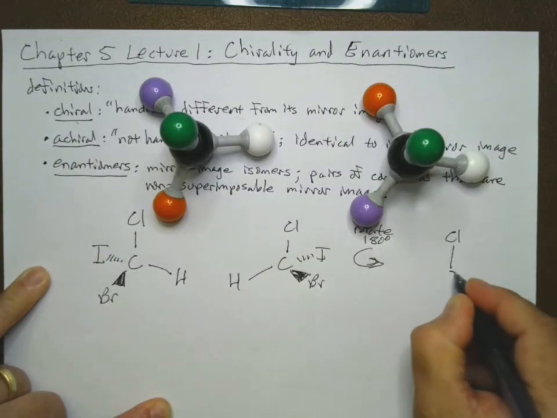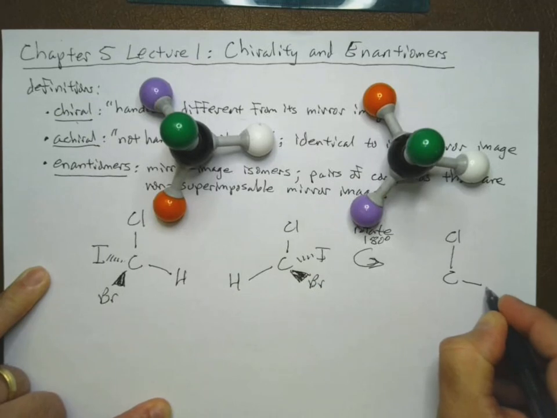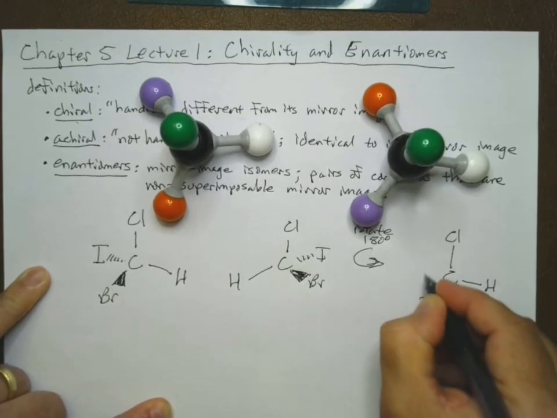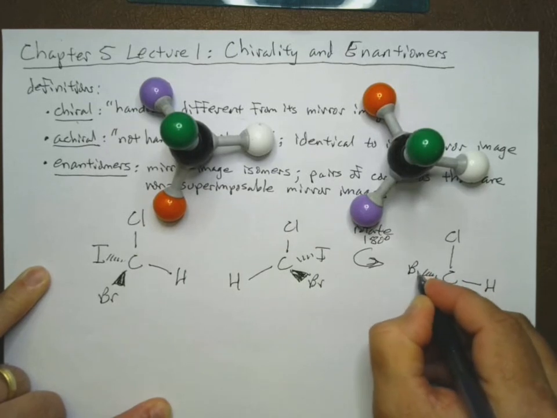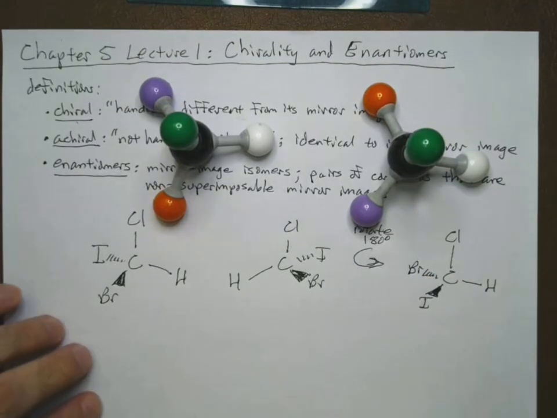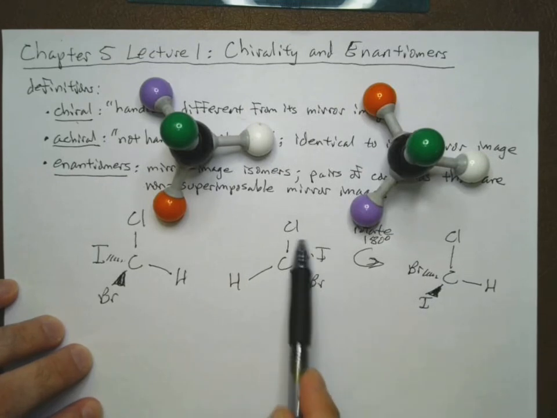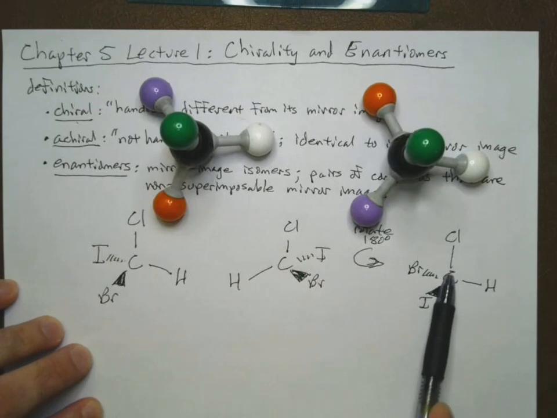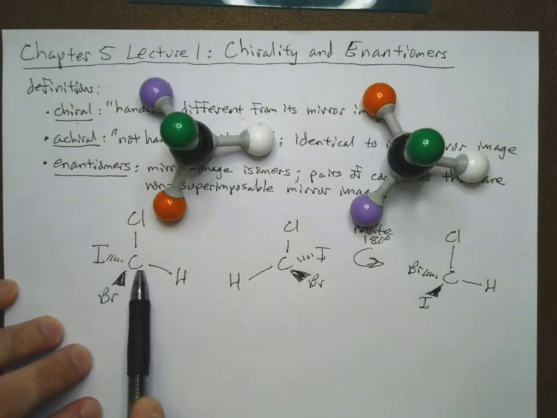So my chlorine is up top, carbon, hydrogen is there, and this one has an iodine in front and the bromine in back. You may notice that this structure, which is just the mirror image rotated 180 degrees, does not line up with the original structure.